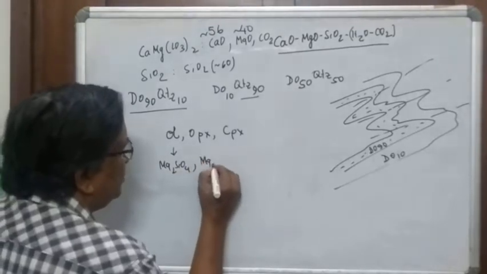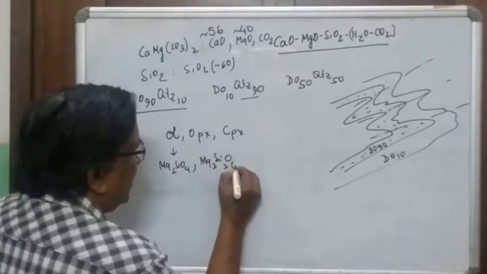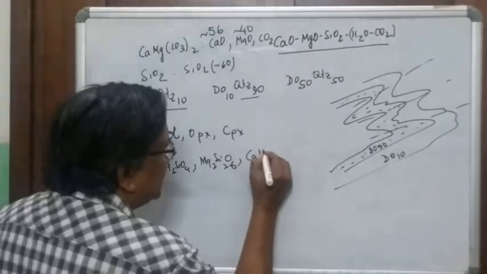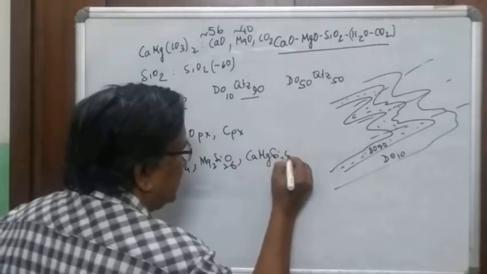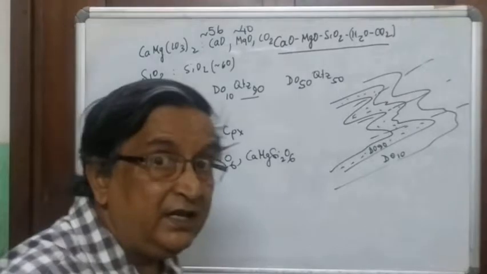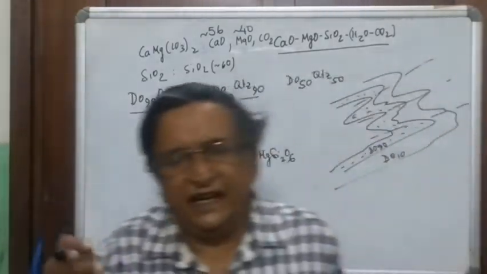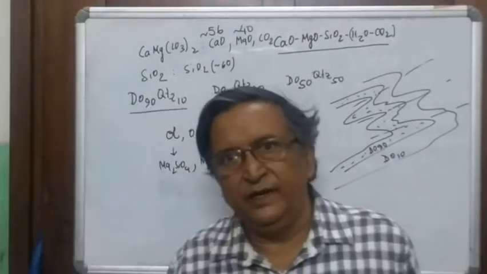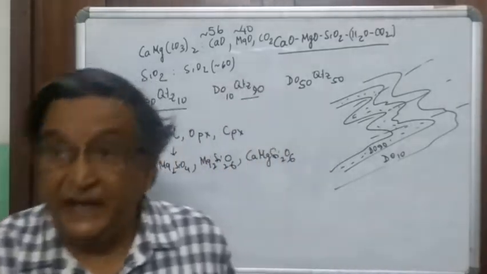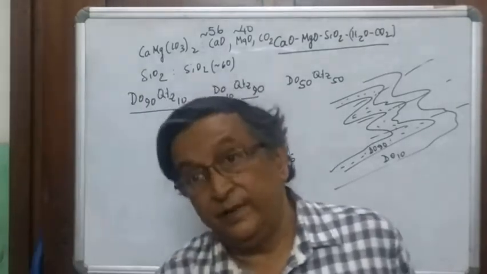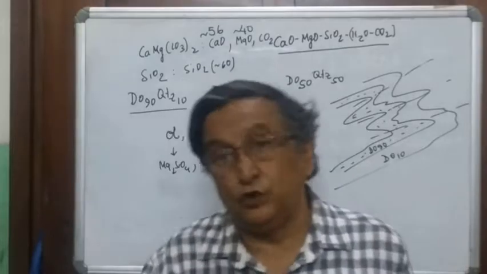Orthopyroxene has the formula Mg2Si2O6. And clinopyroxene has the formula CaMgSi2O6. And no aluminium, so you don't have any garnet, because garnet contains aluminium. You don't have any spinel, because spinel contains aluminium. So you don't have those minerals.